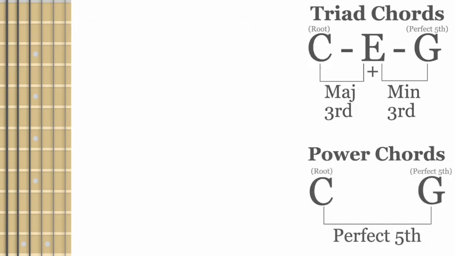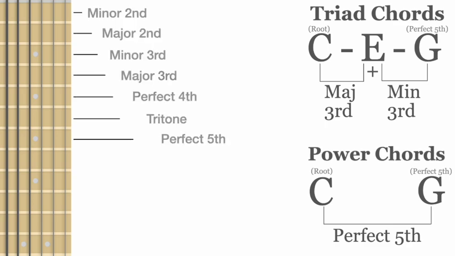Now we just have the perfect fifth. You can see that these two chords look very similar with the exception of the third, right? They both have C and G, which gives us that perfect fifth interval. A lot of stability, not a lot of character.